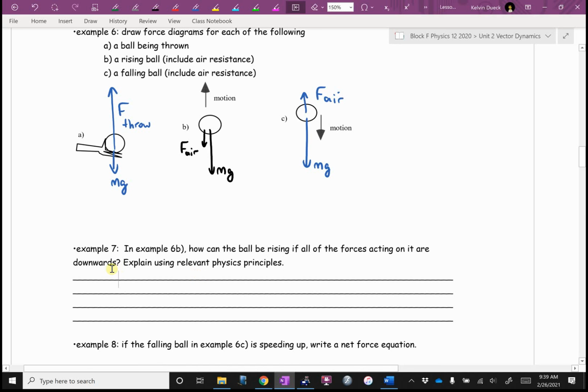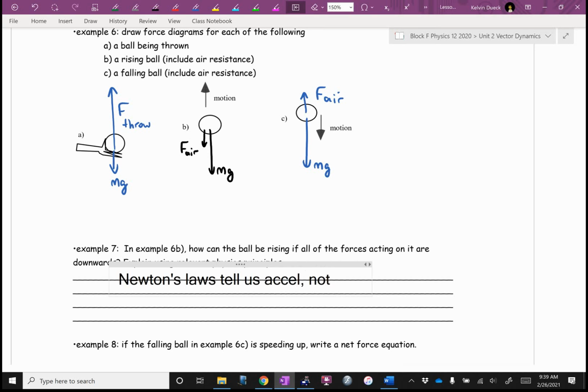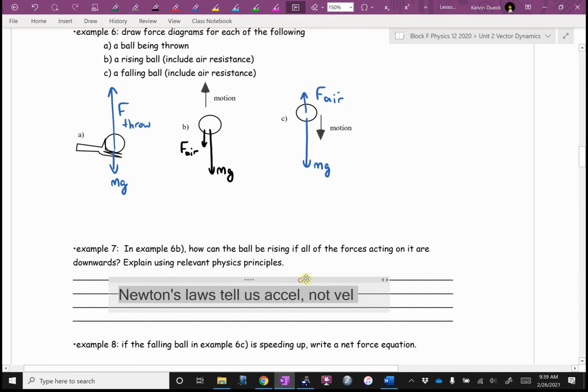So Newton's laws tell us acceleration, not velocity. Let me see if I can move that up half a line. Well, right about there.